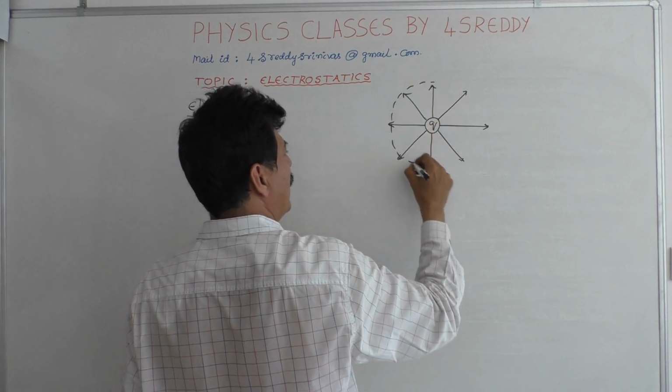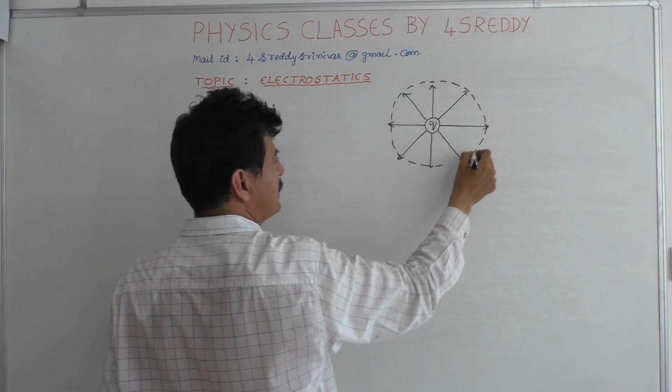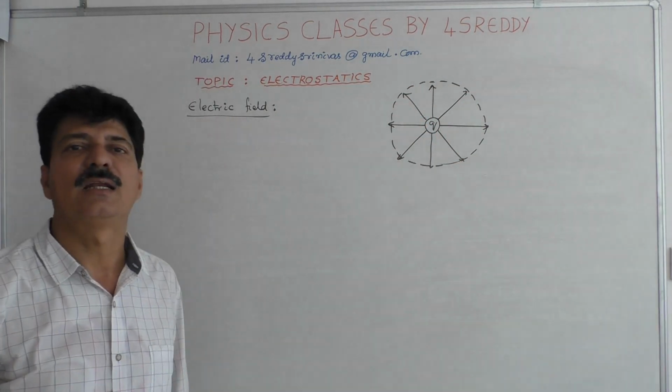This is the region up to which the attractive property exists, and it is called the electric field.